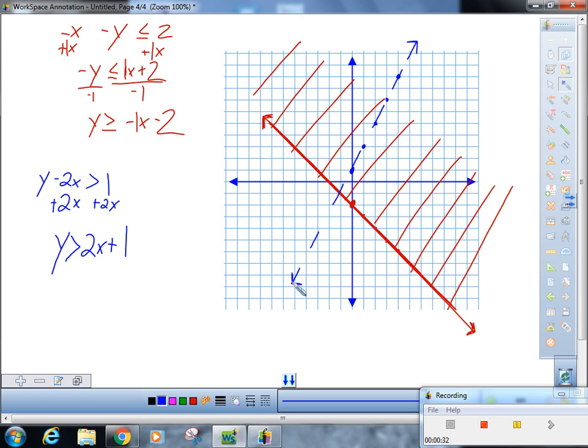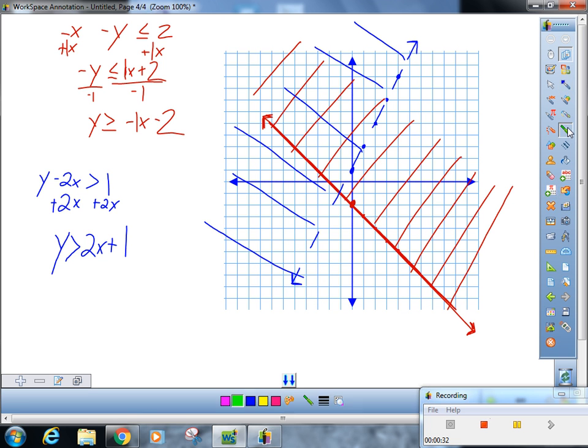It's greater than that, so we want above that line. So everything above the line. So the solution, oh, where's my highlighter, is everything right there.